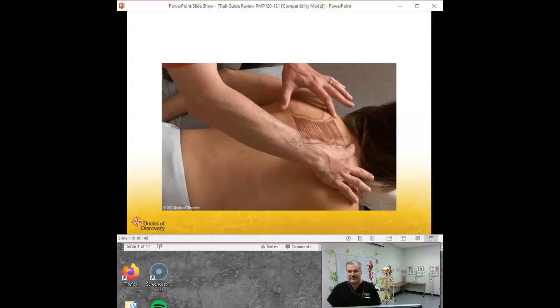Rhomboids, bigger and littler. Rhomboids major and minor? Yeah! Good job. Rhomboids major and minor, but they are the rhomboids together. In fact, look, the slide says you're right. So, rhomboids major and minor, they attach the scapula to the spine, right? Good job. Cool.